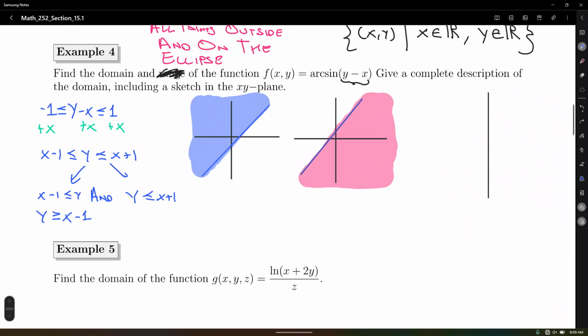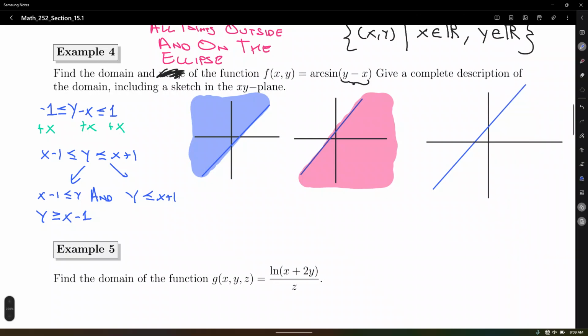Okay, so I don't know what happened here. Okay, there you go. Like this.